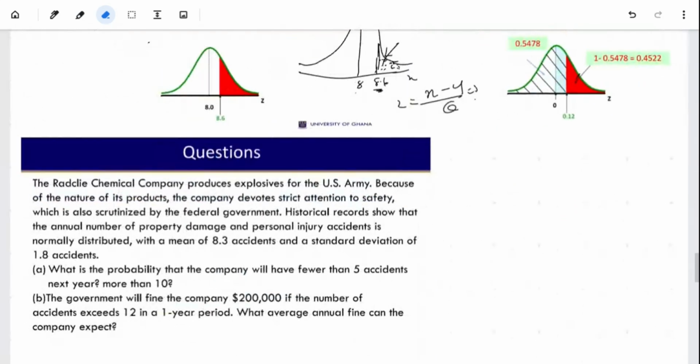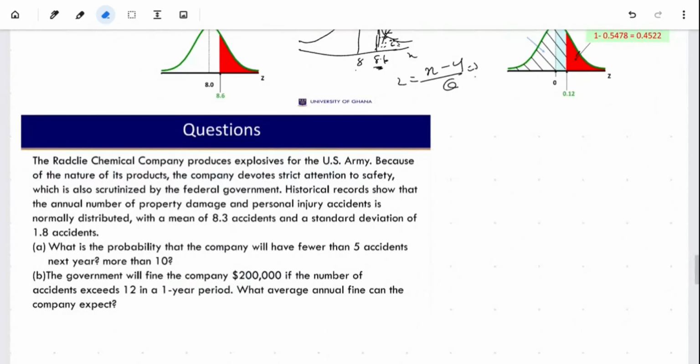Yeah, so we have a question here that we need to tackle, and the question says, a radical chemical company produces explosives for the US Army. Because of the nature of its products, the company devotes strict attention to safety, which is also scrutinized by the federal government.